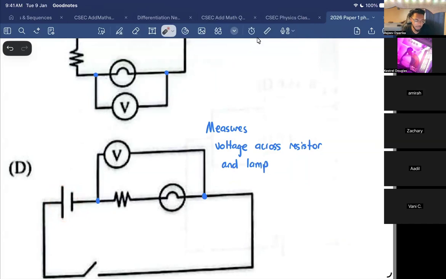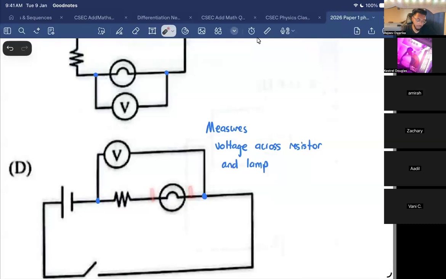I don't know that yet, but there's something called Kirchhoff's voltage law. If I supply the circuit with this power, with our battery, the battery would have a certain voltage, a certain potential difference. Kestrel, do you understand that there will be a voltage across the resistor and a voltage across the lamp?